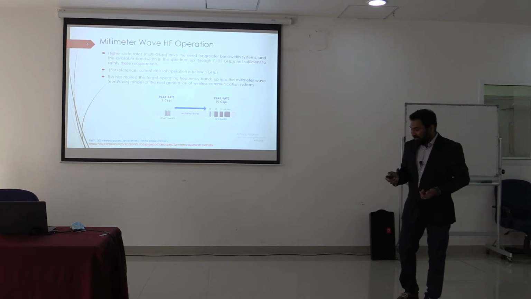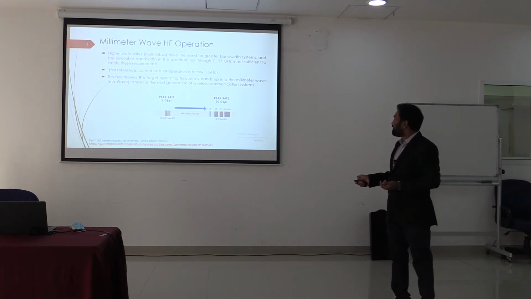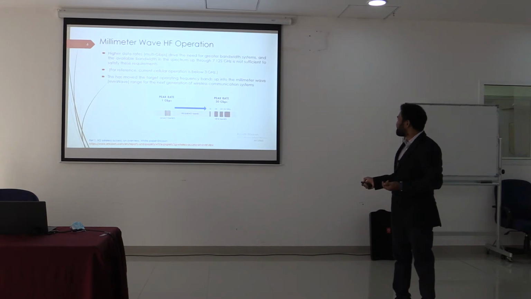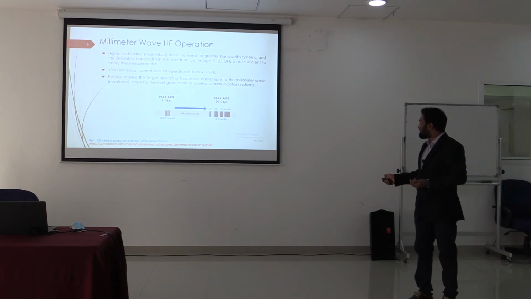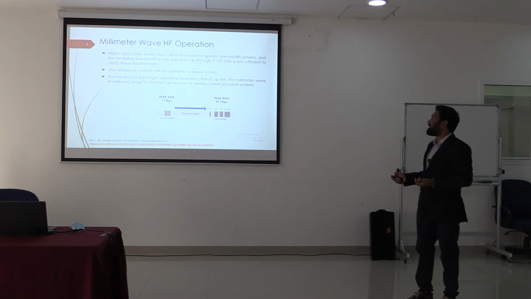Now, how are we going to move from the legacy bands up to 1 gigahertz to the new band, the new radio, 18 to 60 gigahertz? To achieve this higher peak data rate, we have to move from the conventional frequency bands of 2G and 3G to 5G, which starts with 18 gigahertz to 56 or 60 gigahertz, the new frequency band.